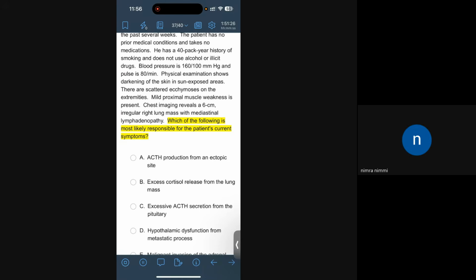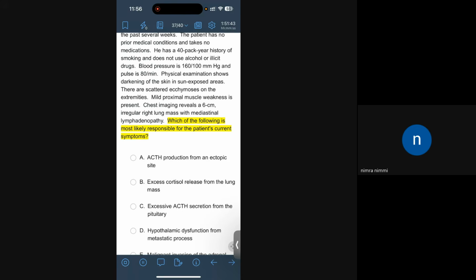This finding can be explained by small cell lung cancer. We know small cell lung cancer does produce ACTH. It also produces ADH. It also produces parathyroid hormone as well. This is called paraneoplastic syndrome.